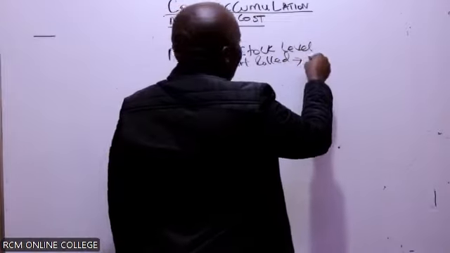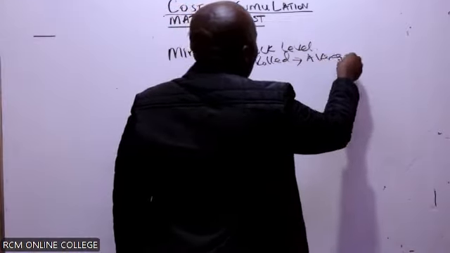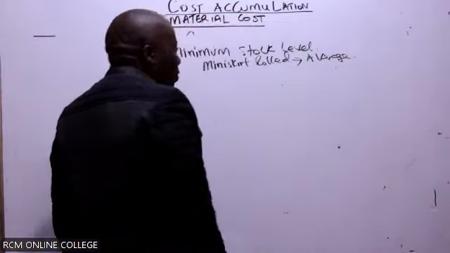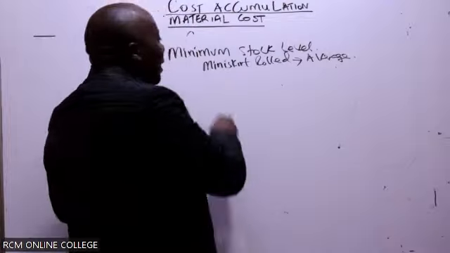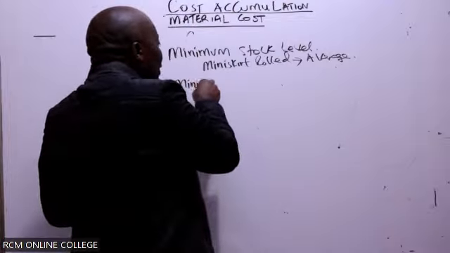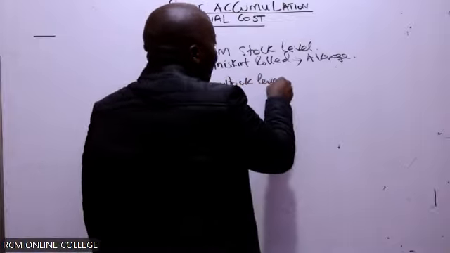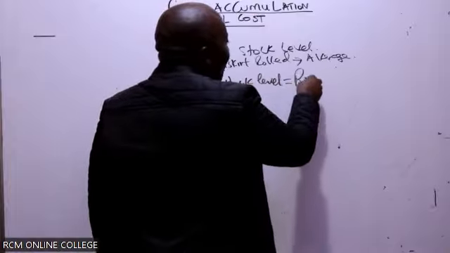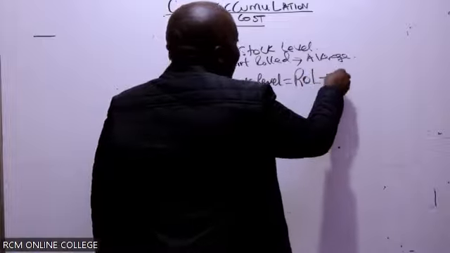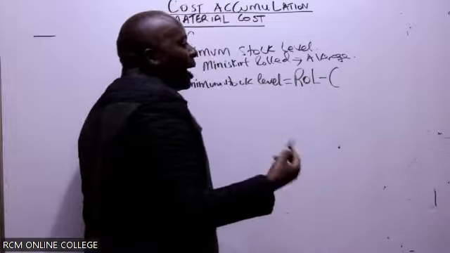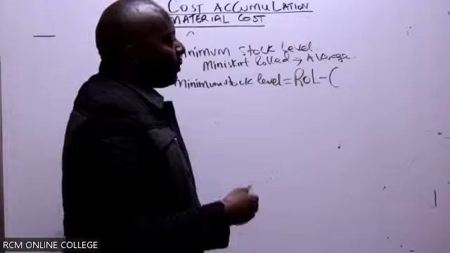When I remember the miniskirt rolled, it becomes average. And the moment I remember this, I'll be able to give you the minimum stock level. Into brackets, I become average.